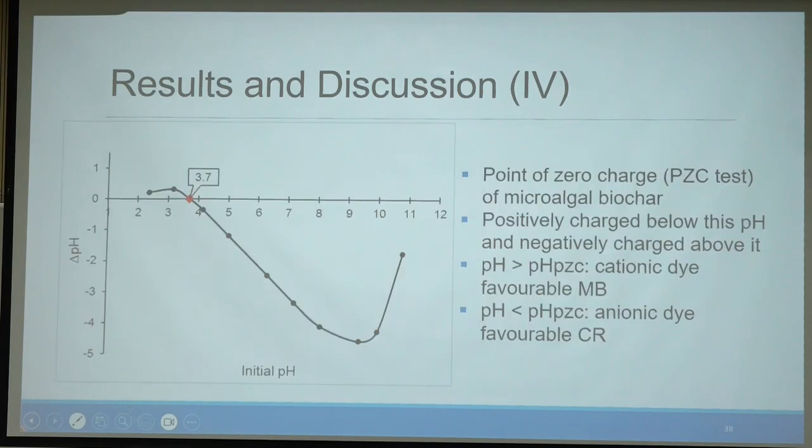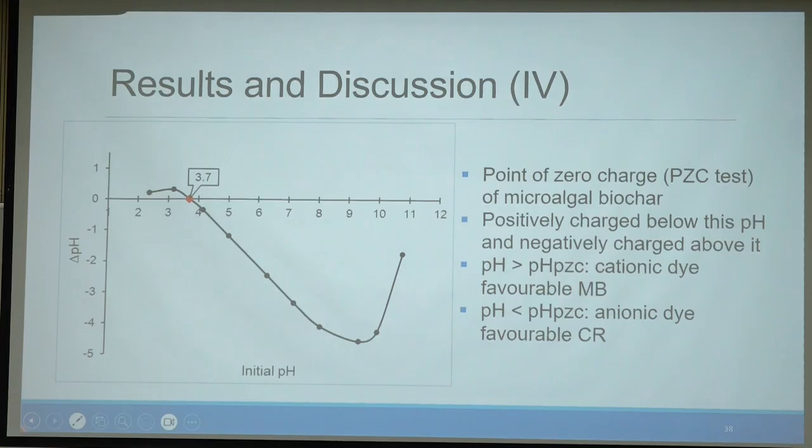Then we conducted the PZC test. In the PZC test, we found that the biochar produced has a pH of 3.7. If the pH is more than 3.7, it has a negative charge.